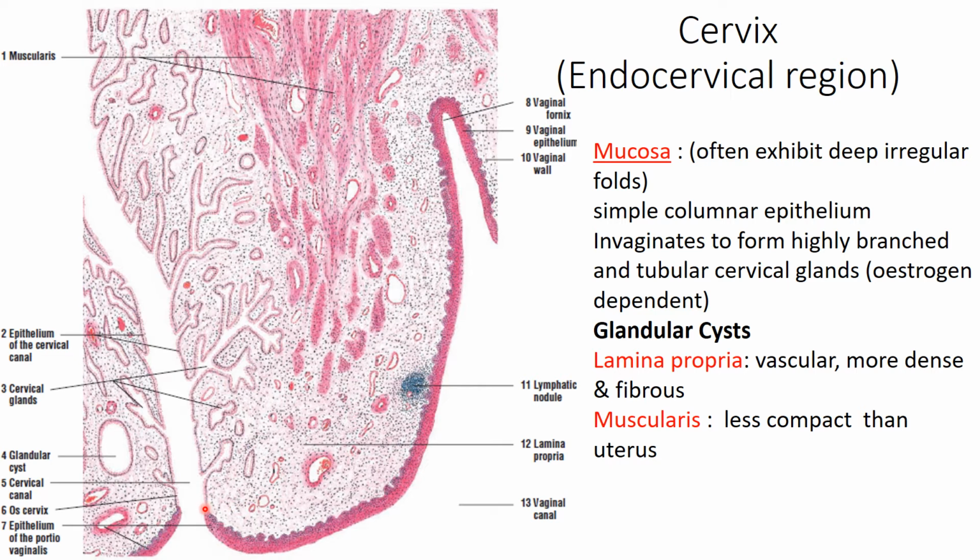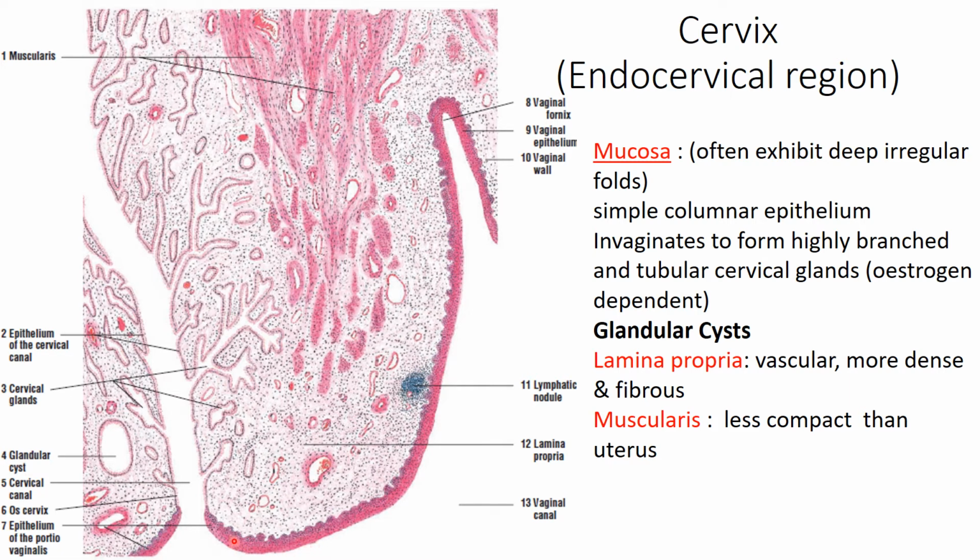Now here you can see up to this portion, this is the endocervix, and from this point, this is the protrusion. This is lined by a lining epithelium which is similar to the lining of the vagina.